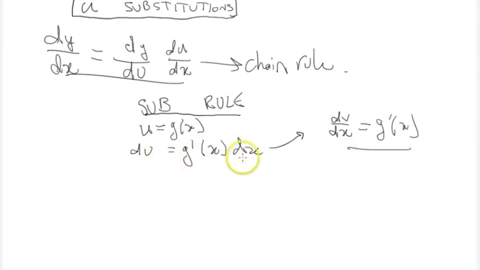But we're writing it out like this because you need this differential in the integral if we're going to be integrating something with respect to x, which is what we're going to be doing. This is going to end up being inside of an integral.